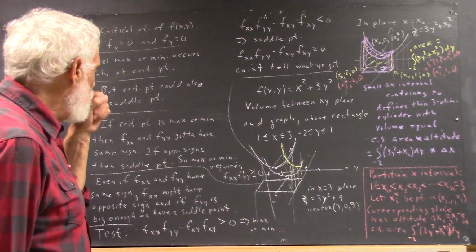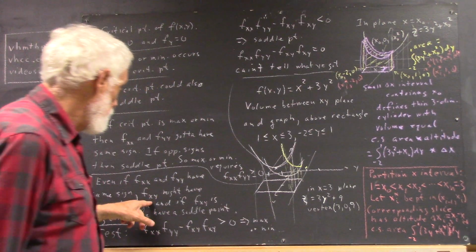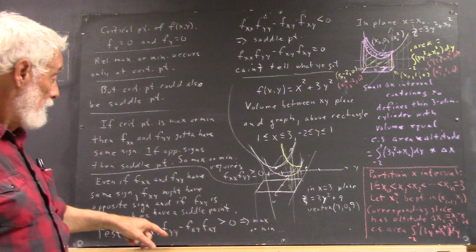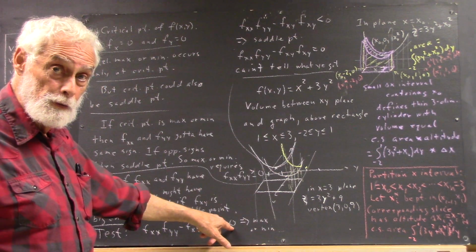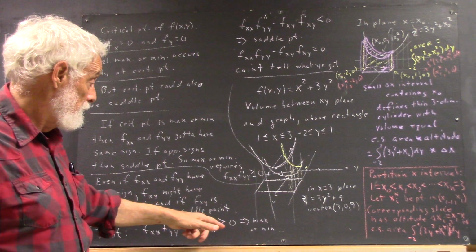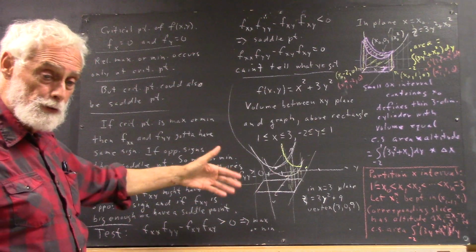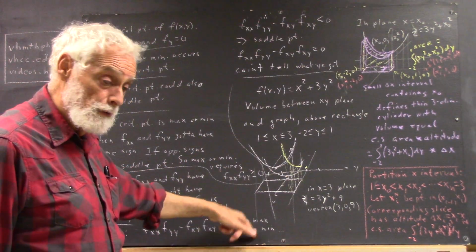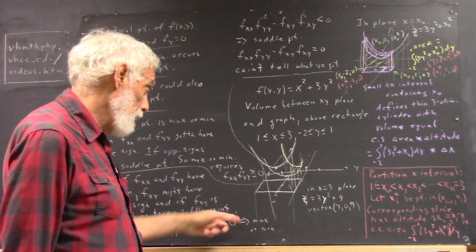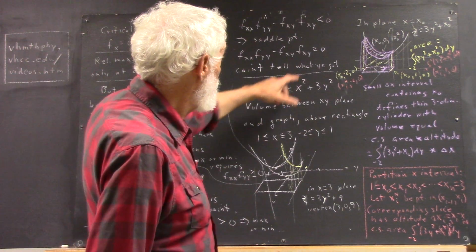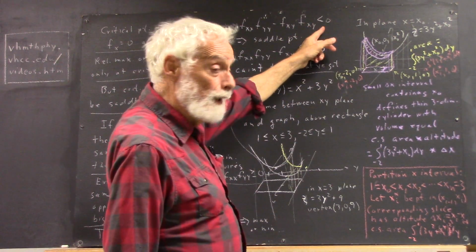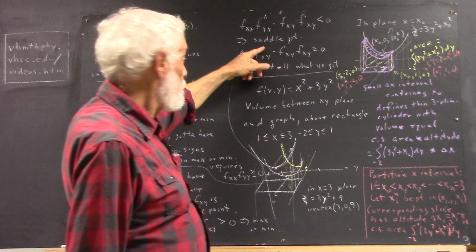Okay, anyhow, if the fxy isn't big enough to make this less than 0, or less than or equal to 0, then you're going to have a max or a min. If it's big enough to make this difference negative, then you have the saddle point.